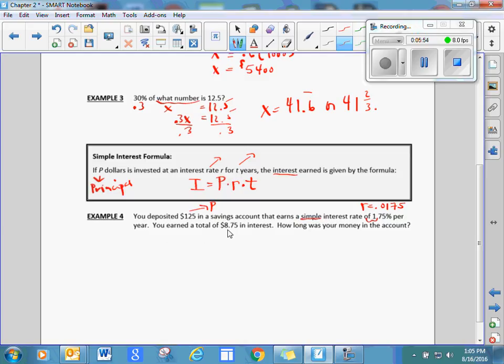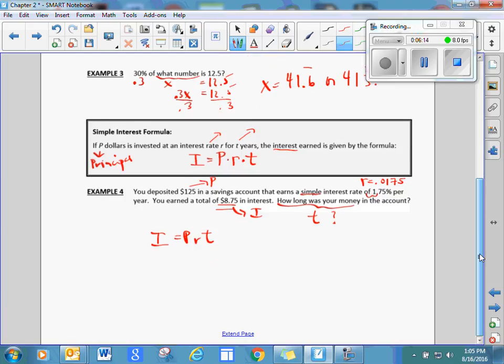And it tells you how much interest you earned. This is your I. And it's asking you to find the T. How long was your money invested? So we're going to start with the formula. I is equal to PRT. And we're going to plug in the pieces that we know and solve for what we're looking for.